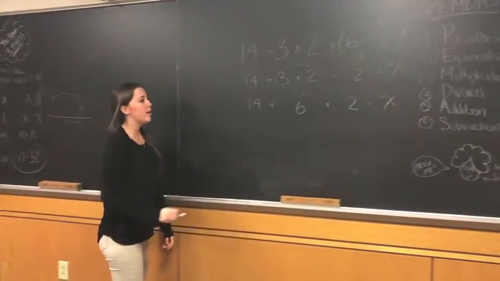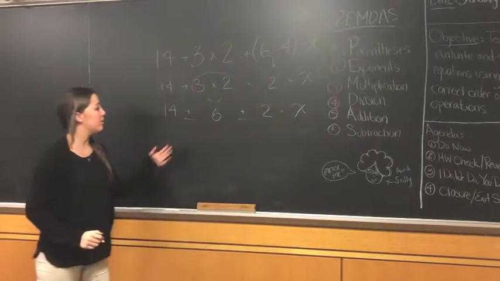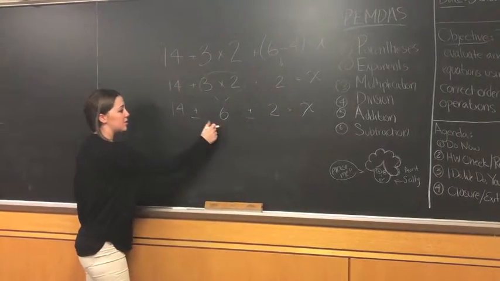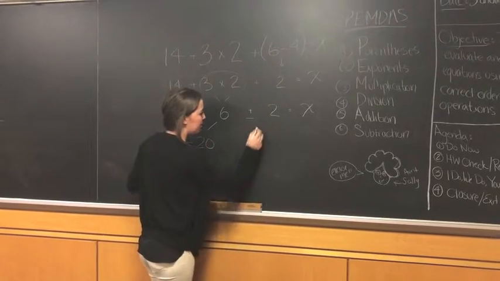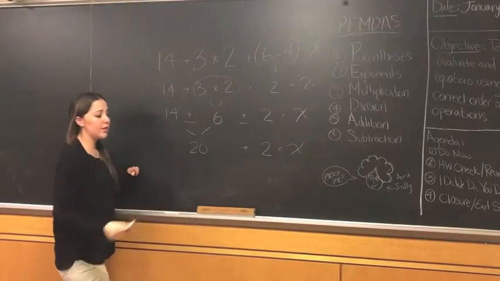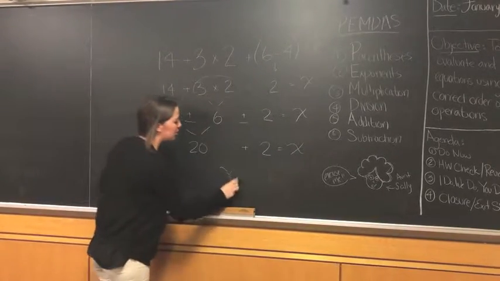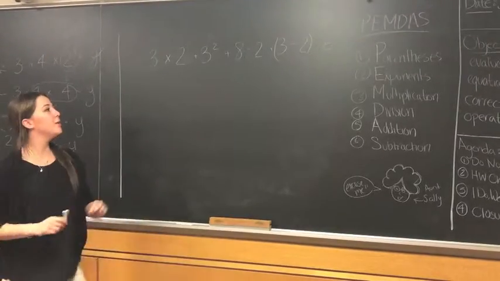Left to right. Now that we are all left with the same operation, we can work left to right. So 14 plus 6 is 20. And then we, again, bring it down. 20 plus 2 equals x. And so finally, can someone tell me what x equals? X equals, exactly, 22.